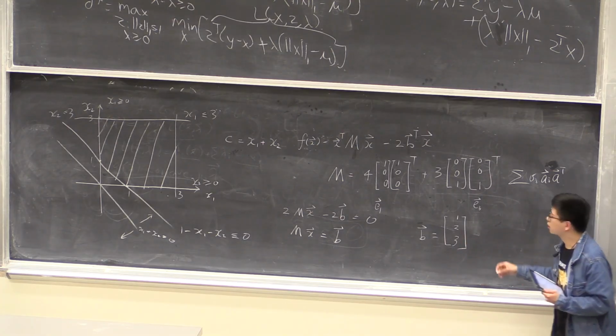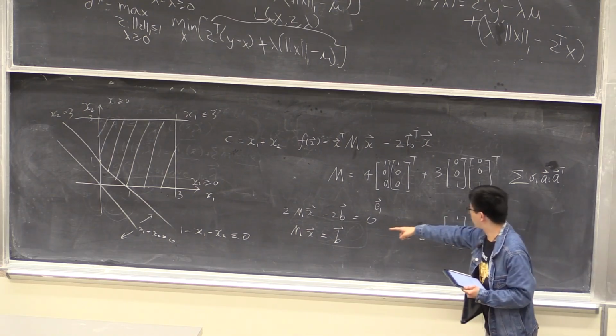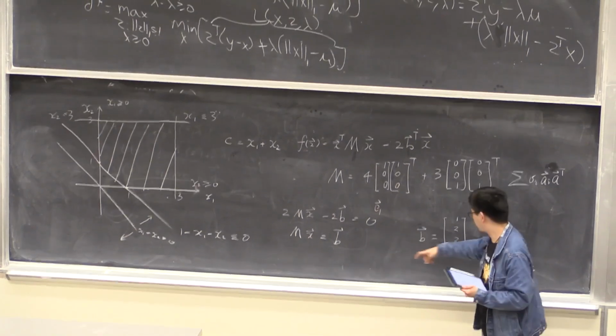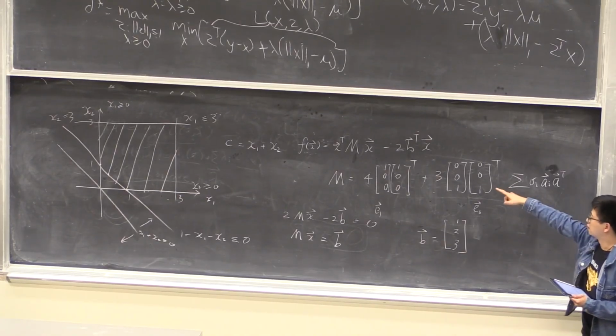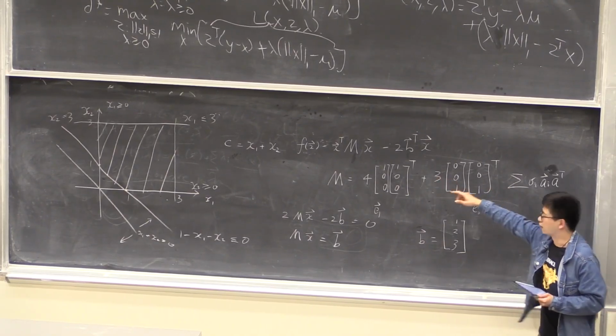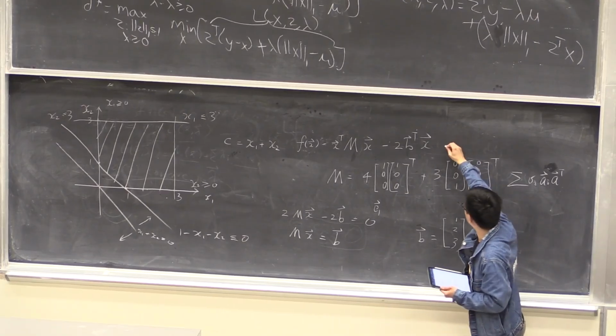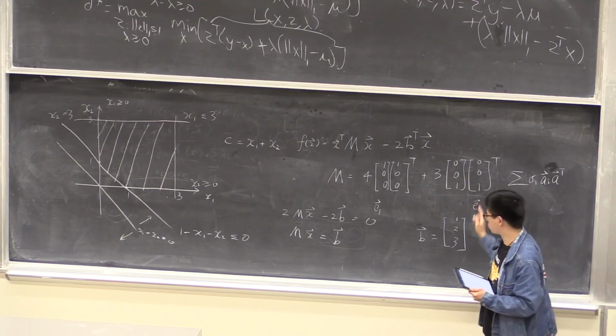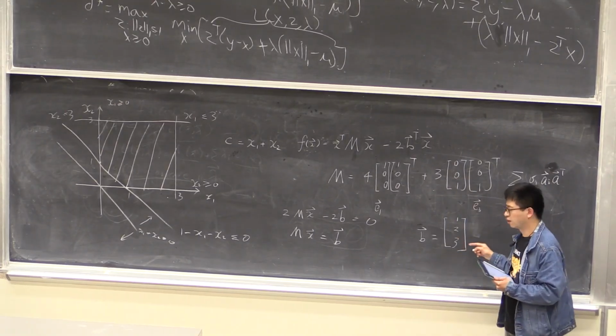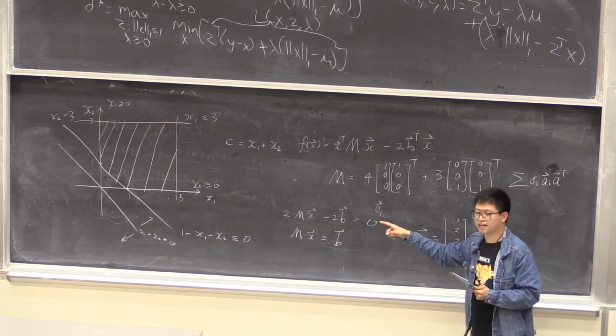This means we cannot construct an X that maps it to B, which makes this objective function evaluate to minus infinity. In fact, we can construct an X.